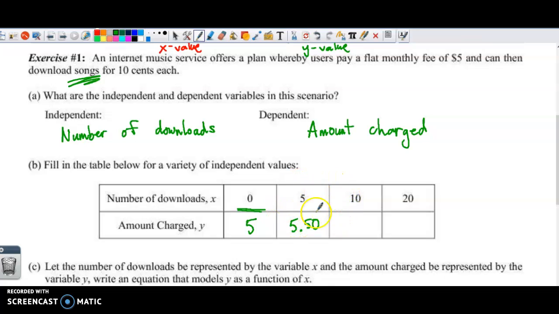So this is an example of a different month. If you decided to download 5 songs, that's how much you would be charged. Or if you went to 10 songs, well, 10 songs would cost you $1 added to the $5 monthly fee, and you're at $6. And if you go up to 20, well, 20 times 10 cents is $2 added to the $5 fee, and you get $7.